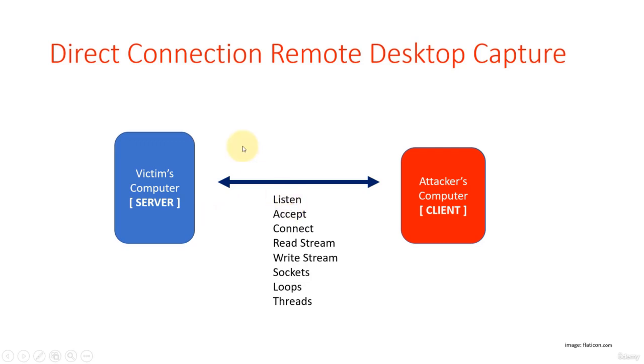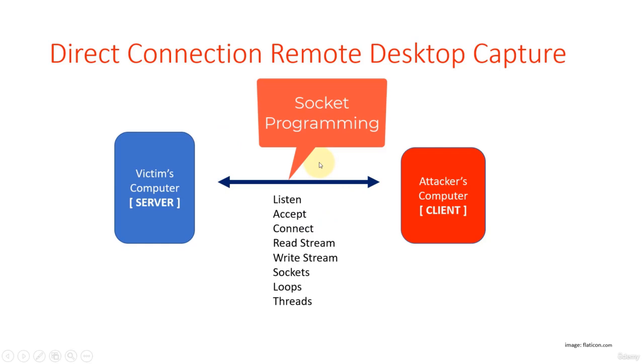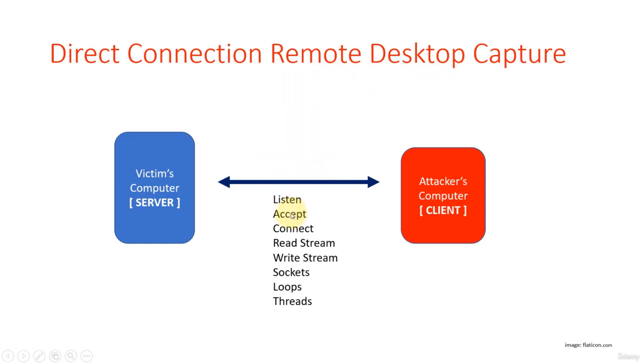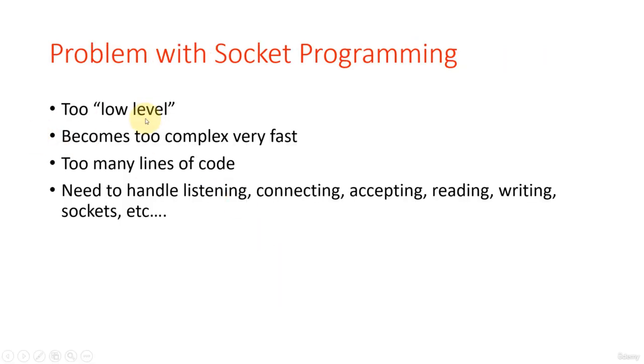So if we use the traditional way of socket programming, which we have been doing all this while, then to do a remote desktop capture, we will find that our code could become quite complex very quickly. The problem with traditional socket programming is that it is too low level.